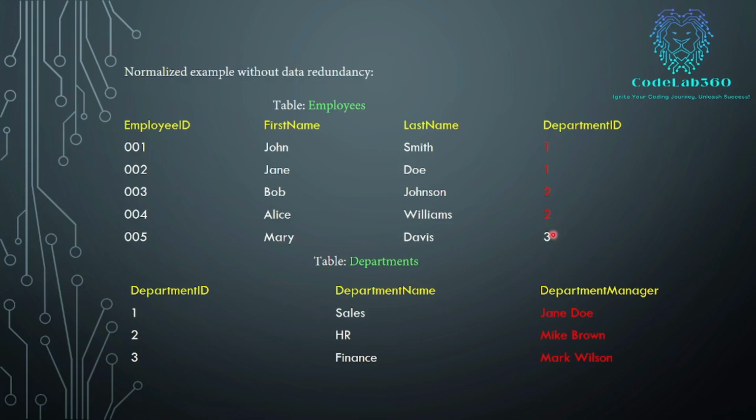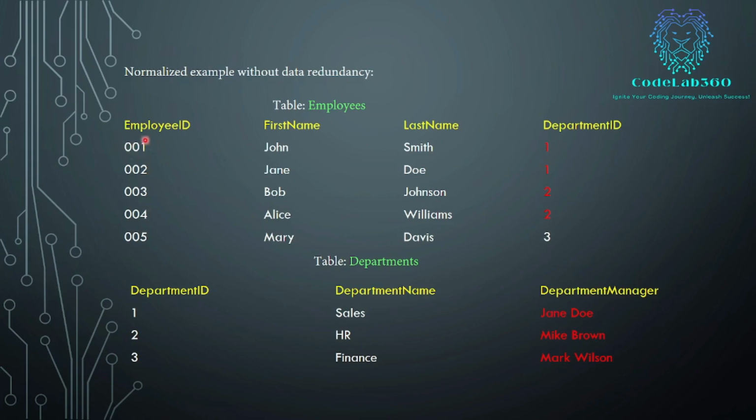So that's why here 1, 1, 2, 2. 1 means the first department, sales; 2 means the second department, HR; and 3 means the third department, finance. So we can see from the previous tables the data is the same.